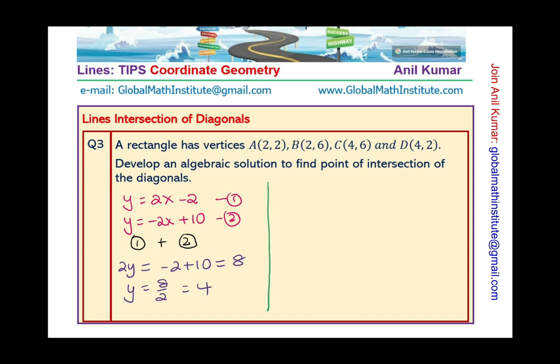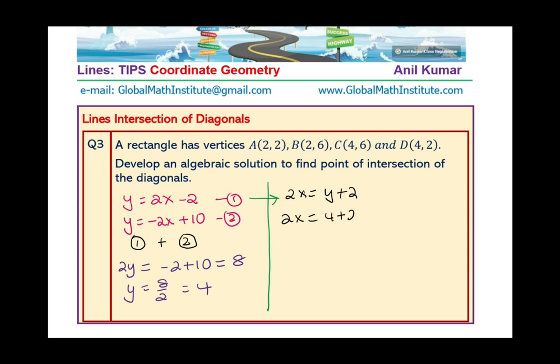So basically, to develop an algebraic solution, we need to get these two equations. We equated them. By elimination, we are finding the value of y first, and now we can find the value of x. From the very first equation, I can write 2x equals y plus 2. So 2x equals 4 plus 2.